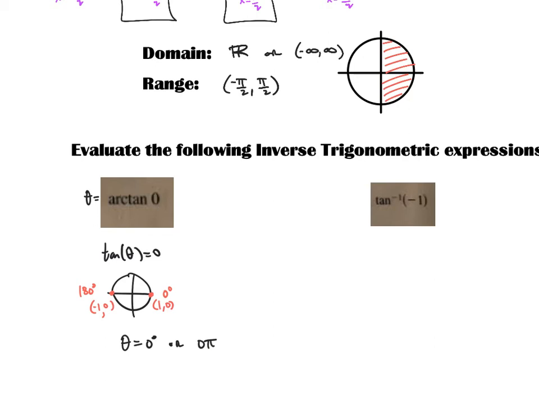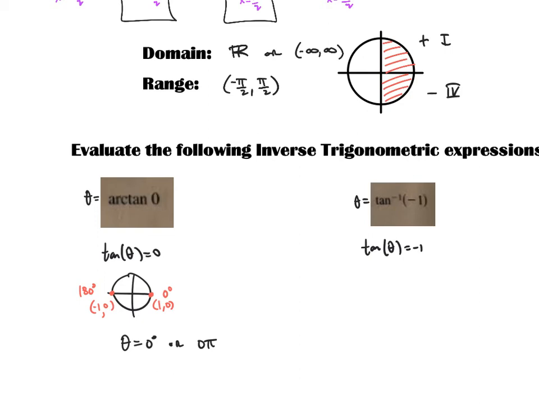Okay, now let's look at the next example. For what angle is inverse tangent equal to negative 1? Again, if you'd like to visualize it this way, where is the tangent negative 1? Now, tangent is negative 1 at some multiple of pi over 4. That should start getting you thinking pi over 4. Now, the tangent is positive in quadrant 1, and it's negative in quadrant 4. So we are dealing with quadrant 4.